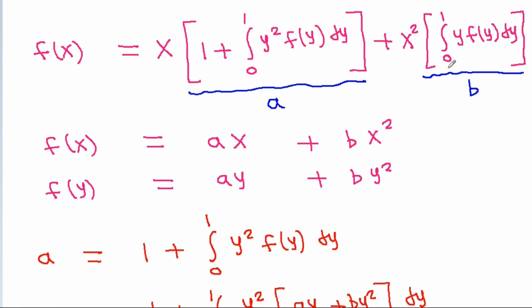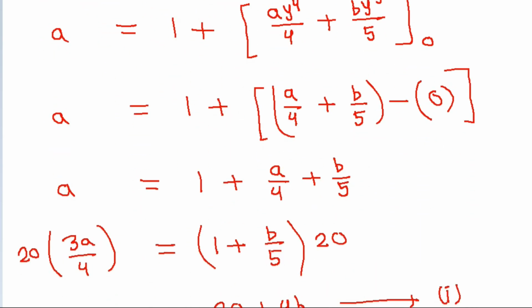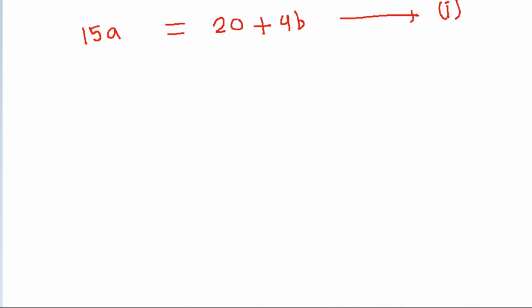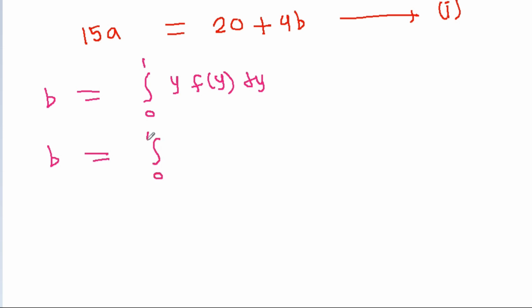We have b is equal to the integral from 0 to 1 of y f(y) dy, and b is equal to the integral from 0 to 1 of y, and f(y) is ay plus b y square, dy.